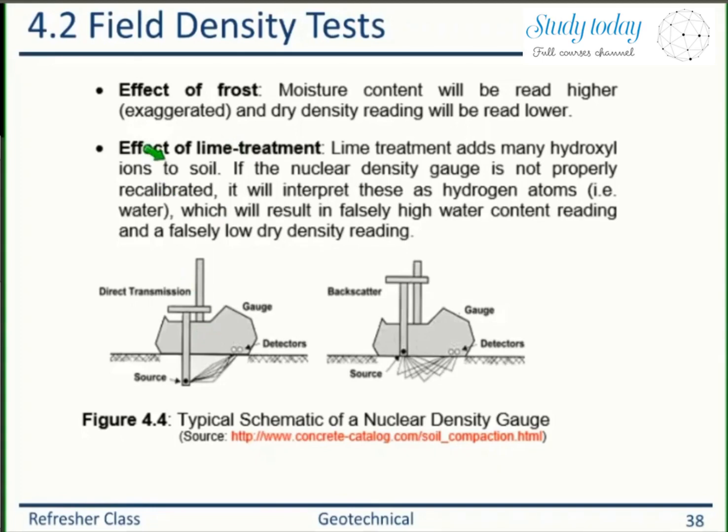Therefore, if you are testing with the nuclear density gauge in ground that has been improved using lime, the gauge will read higher moisture content, and once the moisture content is read higher, your dry unit weight, dry density, will be read lower. So these are the things you have to know, right?